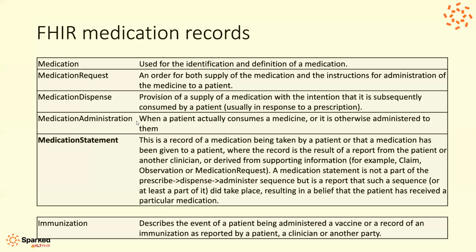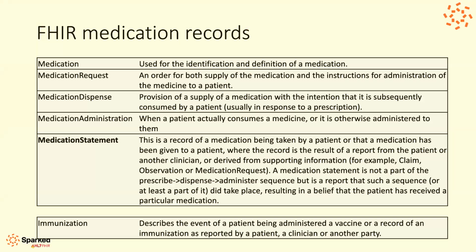And so I'm just going to go on, and now I did cover this last time. So if you were here last time, I'm going to move a bit quicker through this stuff today to try and get on to the other material. So this is just a bit of an overview of the different resource types that are medication related in the FHIR specification.